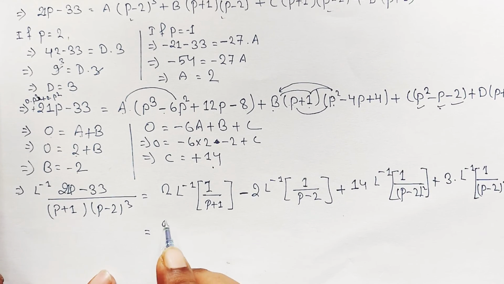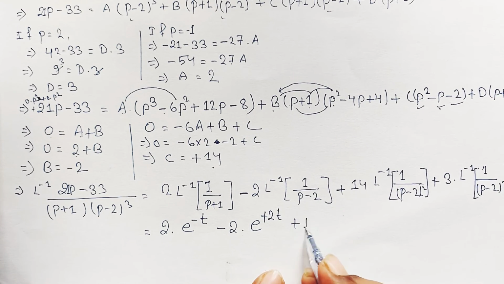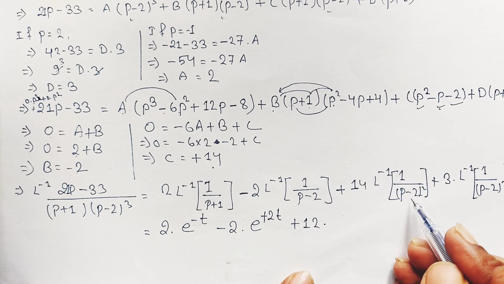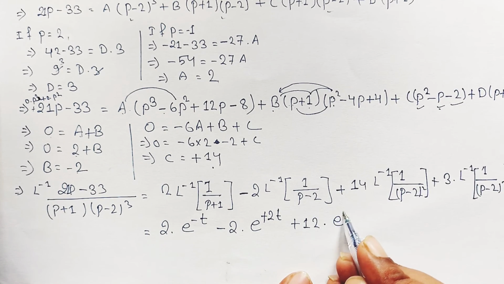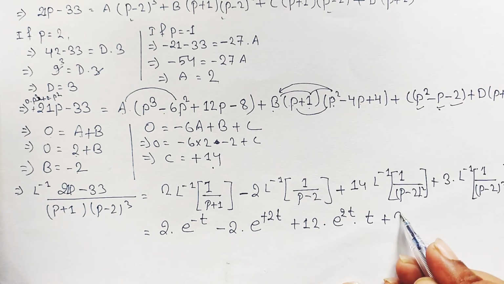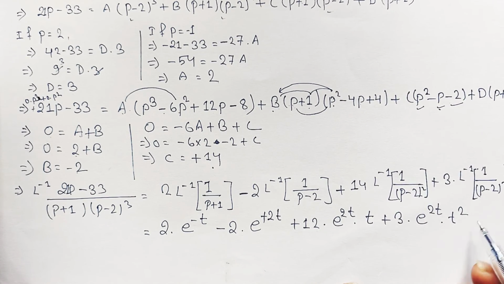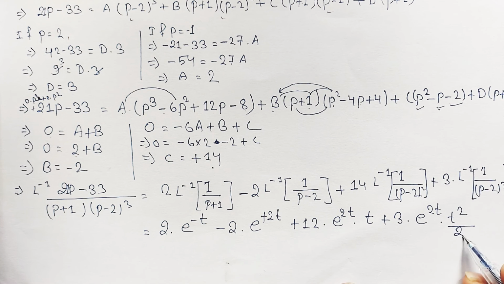Now use the formula. 2 times we have 1 by (p + 1), meaning e^(-t), minus 2 times (p - 2), meaning e^(2t), plus 14 times (p - 2)^2, meaning e^(2t) times t, plus 3 times e^(2t) times t^2 by (2n - 1) factorial. So 3 minus 1 means 2 factorial, meaning 2.